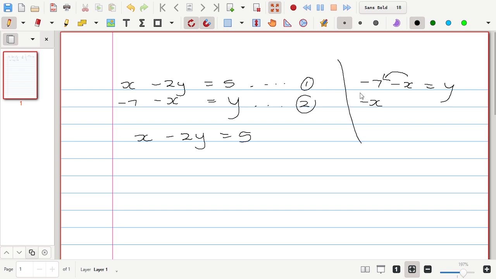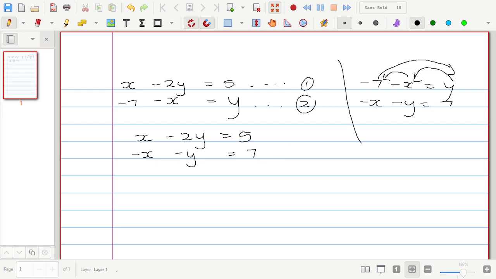It remains as is. Now I'm going to bring the y over. When bringing the y over, the y becomes negative. Last step is I'm going to take the 7 over. Since the 7 jumps the equal sign, the 7 becomes positive. So let's write that down. Now we've got minus x minus y is equal to positive 7.